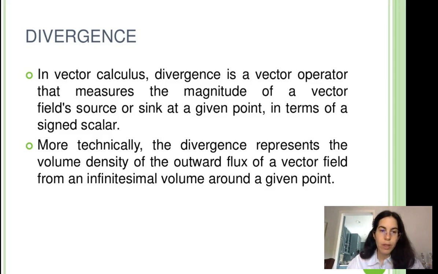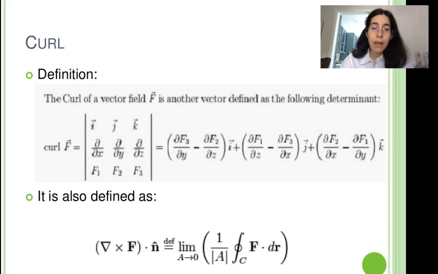If you've got one source and one sink, then the net flow into and out of your system should be zero. If the net flow is positive, you should have some kind of source of charge there. If the divergence is the dot product, then the curl is the cross product.